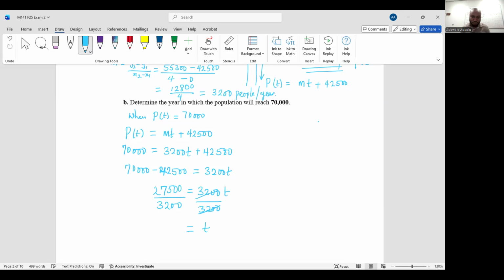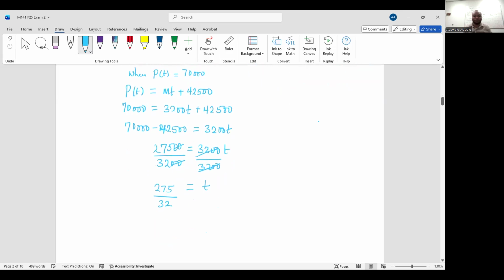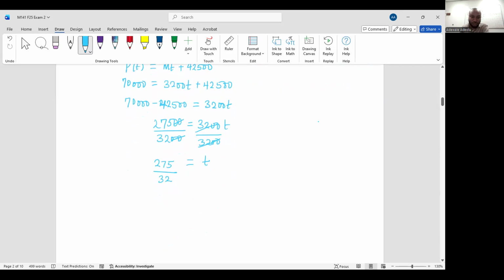That would be t. Cancelling the double zeros, I have 275 divided by 32. So if you say your answer is t equals 275 divided by 32 years, that's fine. That's good. No need to worry about that. If we can still go further, fine.